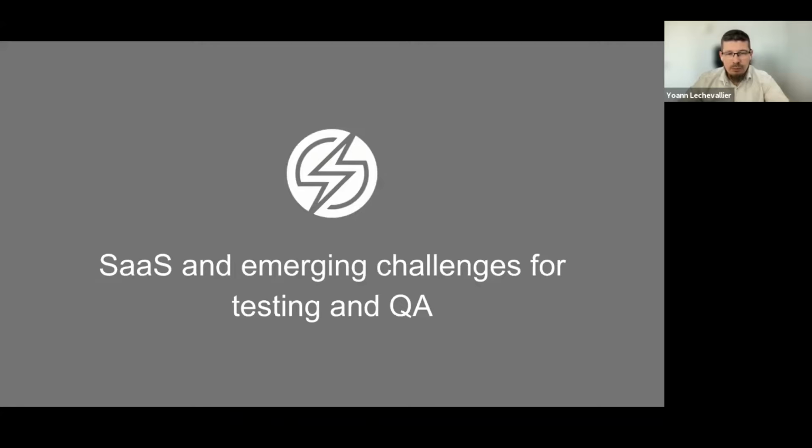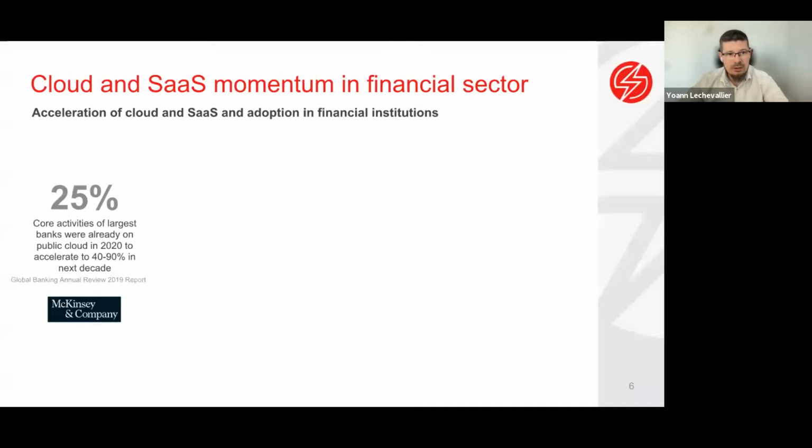So you are certainly very familiar with this topic, but in terms of the financial sector and industry, SaaS adoption is definitely in place. So we are going to have a very brief look at what are the new challenges which are going to come because of the SaaS adoption in the financial sector.